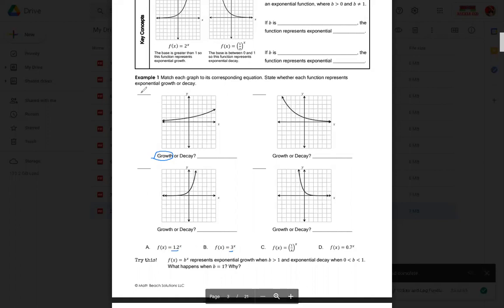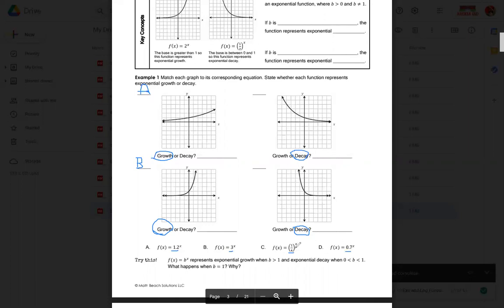I know that this one has to be A because that line's not going up as fast. If you think about exponential growth, something that's growing really fast, the bigger the base, the higher it's going to grow. So this right here would have to be B. Again, these are decays because they're going down. Now this is 1/4 or 0.25, and this is 0.7, so it's between 0 and 1.